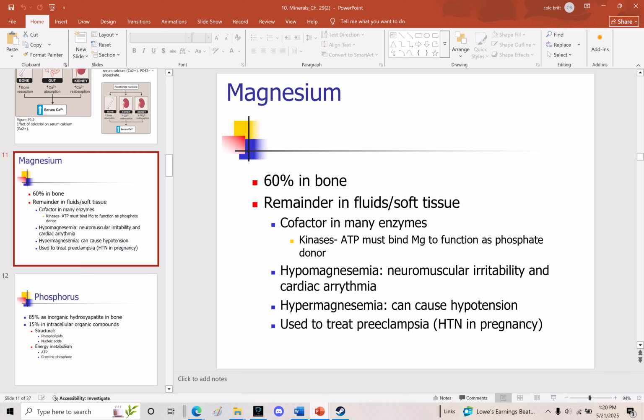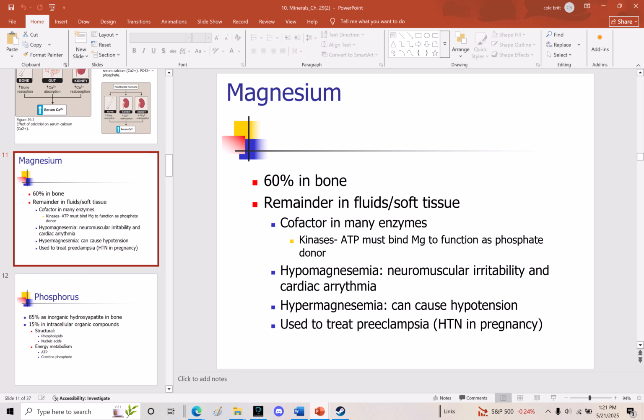So remember, a lot of your B vitamins are coenzymes. If I say cofactor, it means it's a mineral that helps the function of enzymes. So cofactors are minerals that allow an enzyme to be functional. Coenzymes are vitamins that allow an enzyme to be functional. So we just separate minerals versus vitamins.